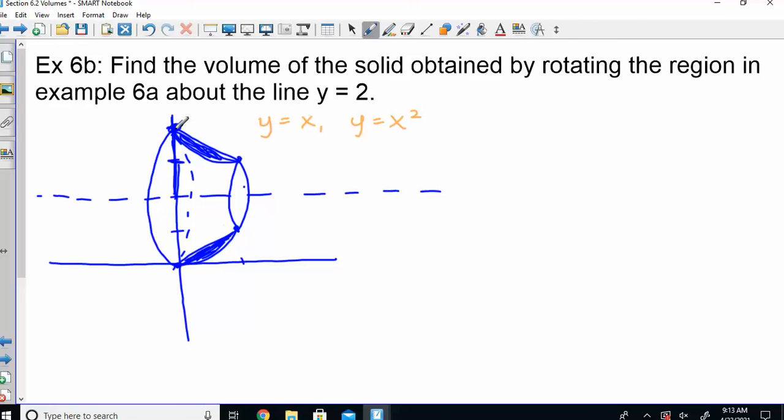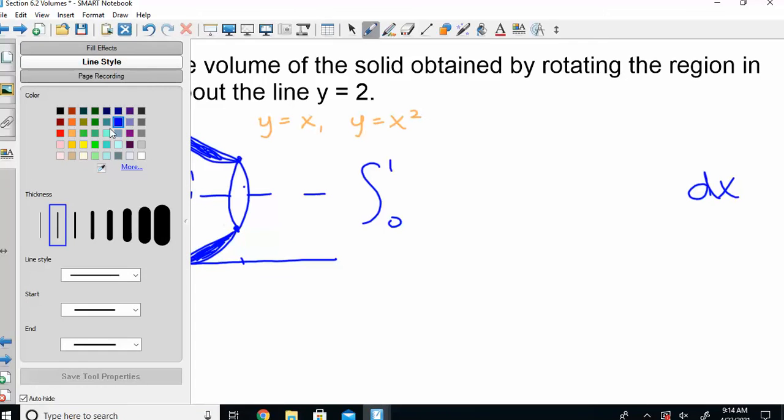Do we have clear starting and stopping points for the x? Yes. So let's integrate with respect to x. My limits with my x's, my first x would be at 0 and we end at 1.